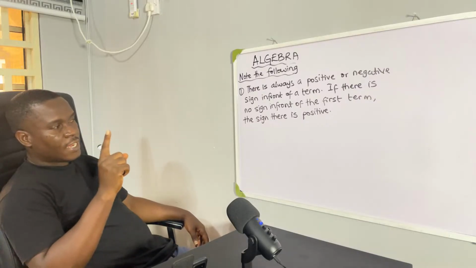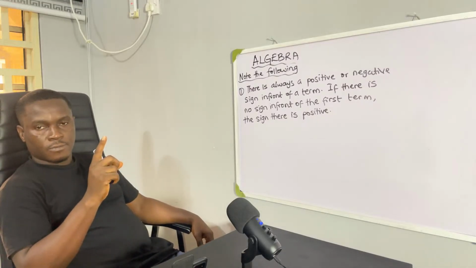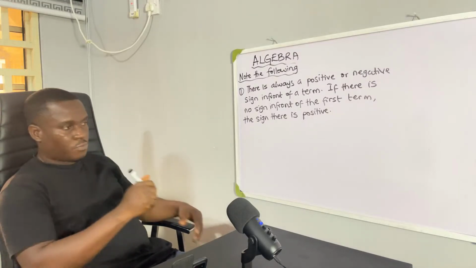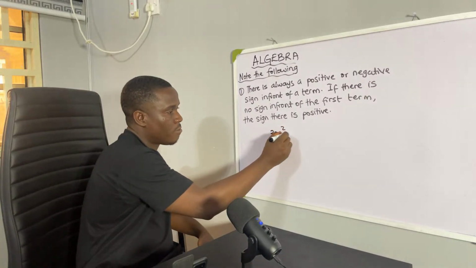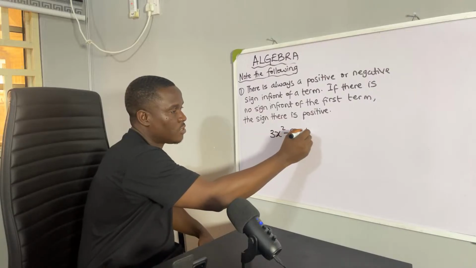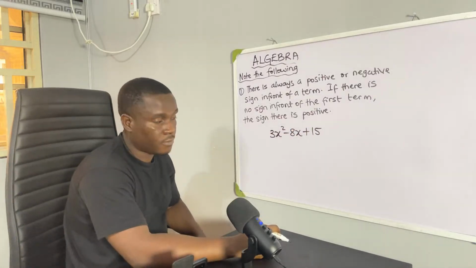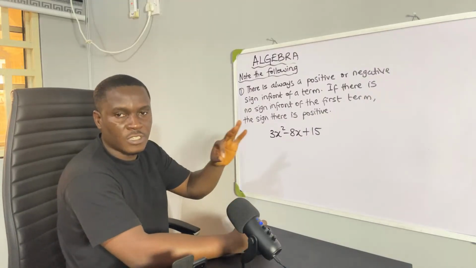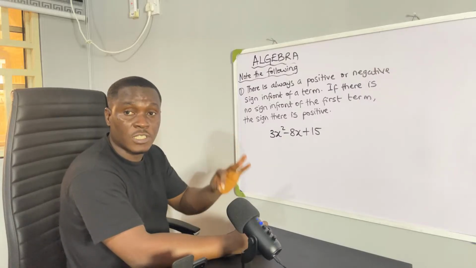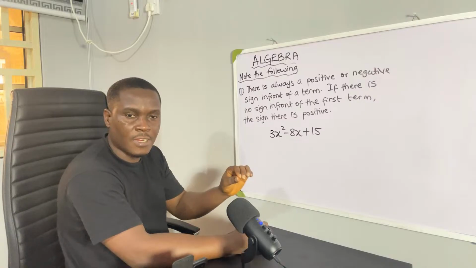If there is no sign in front of the first term, what sign is there? Positive. So if I have 3x squared minus 8x plus 15, how many terms do we have here? Three. So in front of each of these terms, there must be a positive or negative sign.